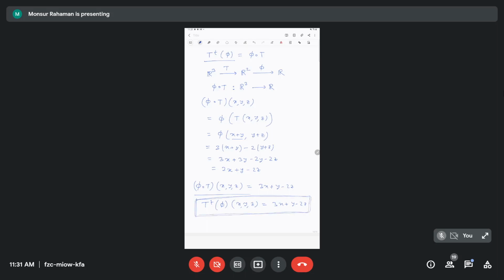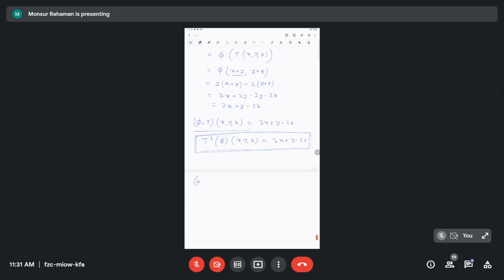Okay, so this is homework: for another linear transformation T of (x, y, z) equals (x plus y plus z, 2x minus y), you have to find T transpose phi of (x, y, z).